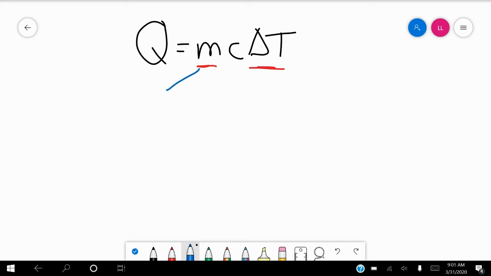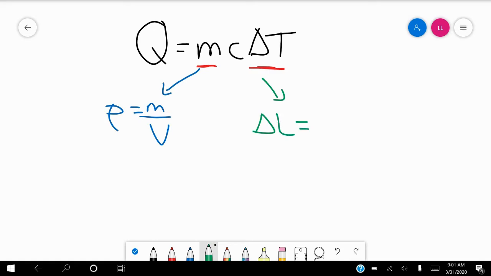However, we can use the density formula, which is rho equals mass over volume. And we can also use the change in length formula, or the linear expansion formula, to figure out the change in temperature. So if we start by doing the density formula, we know mass is density times volume.